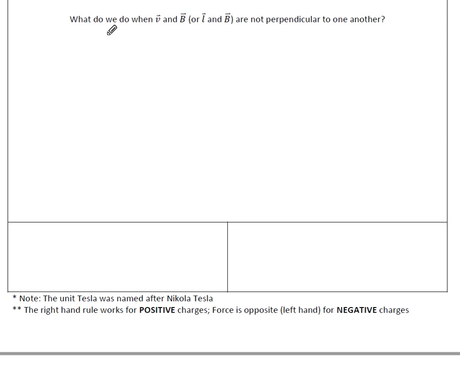So one thing we can recognize is that the I and B don't have to be exactly perpendicular. If you have a current pointing up and a B going to the right, it's going to create a force. In this case, if you have a current going up, but you have a magnetic field in such a direction, again, this is 2D space, it's still going to create a force.